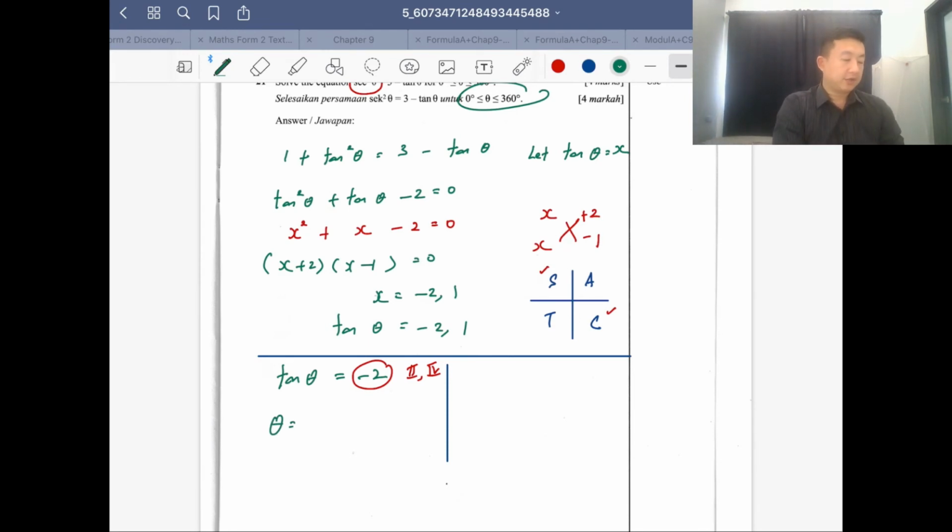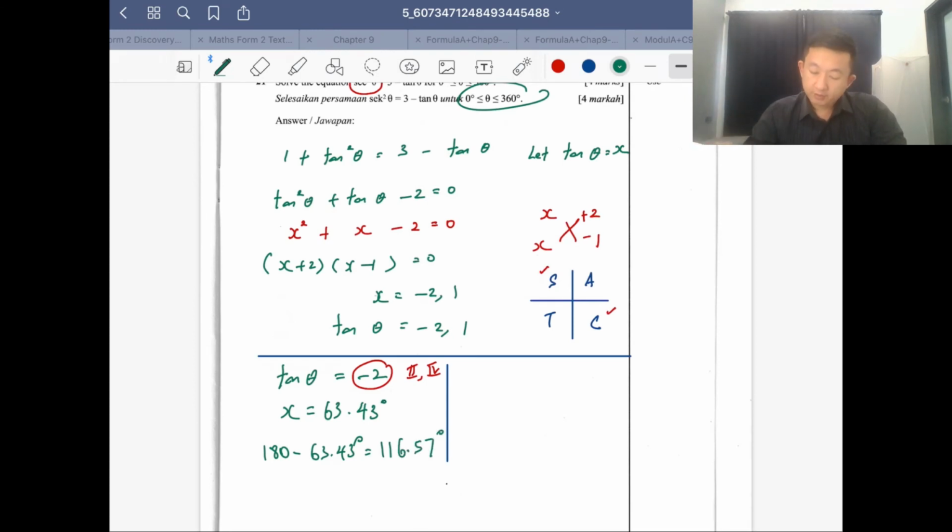Okay, shift tan to get the reference angle. I write the reference angle first. The reference angle is 63.43 degrees. Quadrant 2: 180 minus 63.43, 116.57. Another one, quadrant 4.